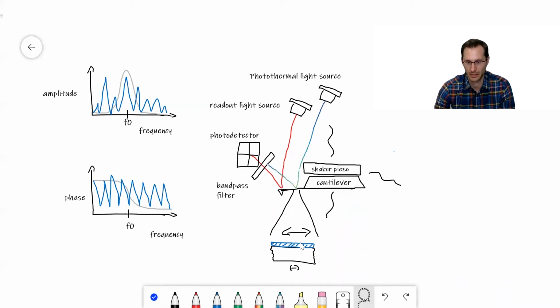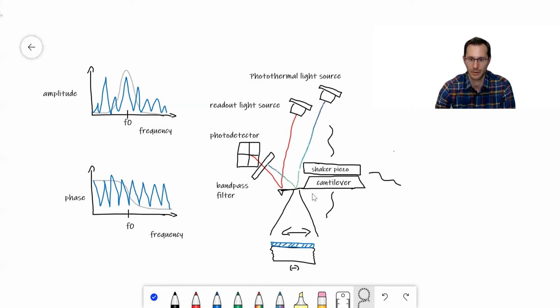So typically the coating will expand more than the base, and so we'll start to deflect the cantilever as we heat it up because of this light source. And so if we modulate the intensity of this light source at the frequency of operation, then we'll drive an oscillation of the cantilever because of the alternating heating and cooling from the light at the frequency of operation.